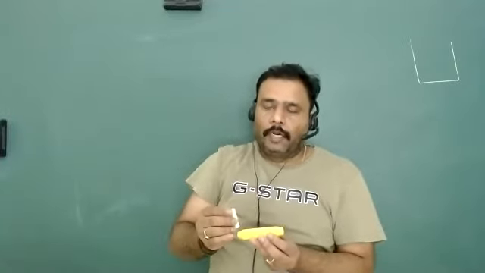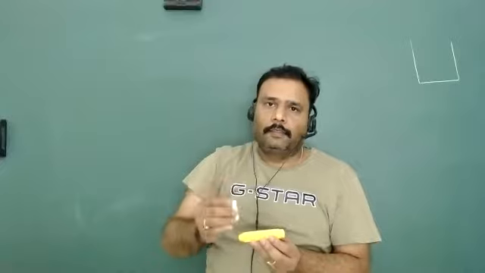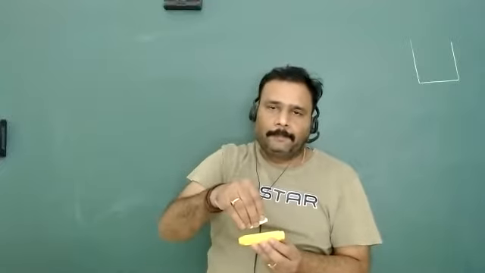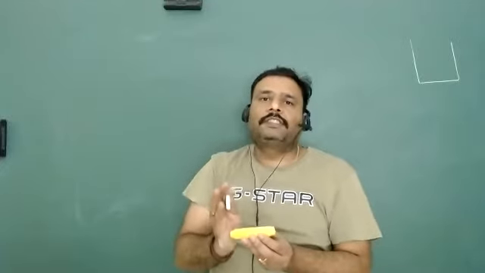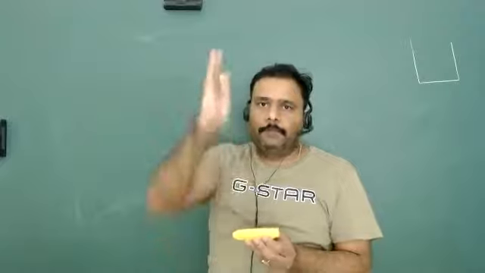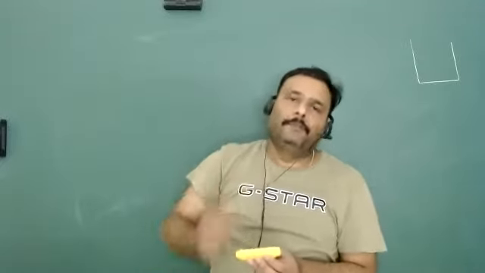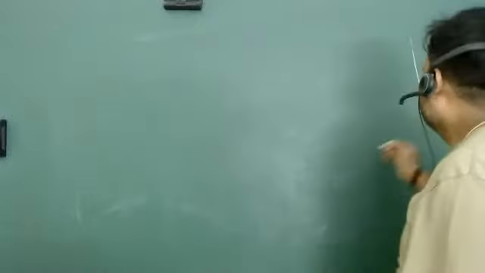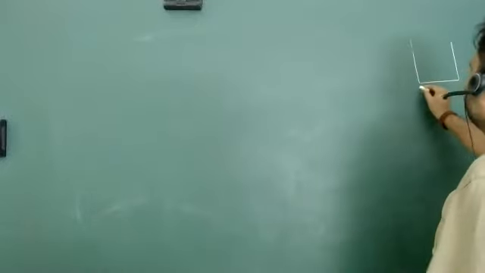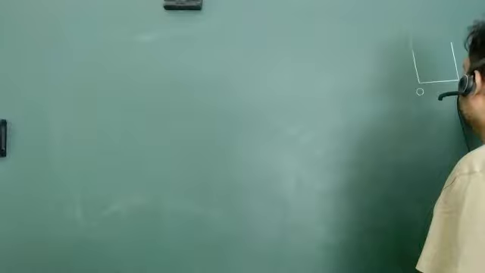So how do you put the wall? How do you confine the particle? You put some potential such that the particle cannot penetrate it. This is the meaning of a one-dimensional box. Mathematically, this is the diagram. Suppose the length is 0 to a.